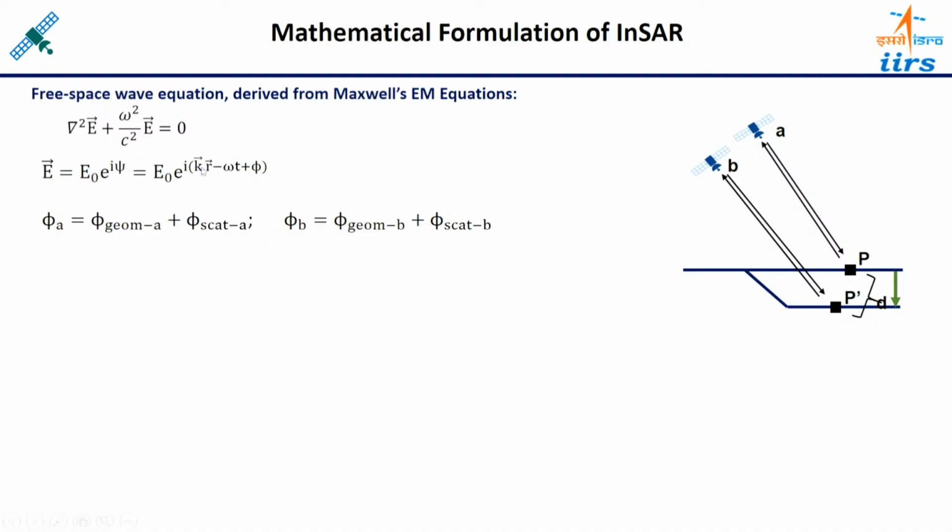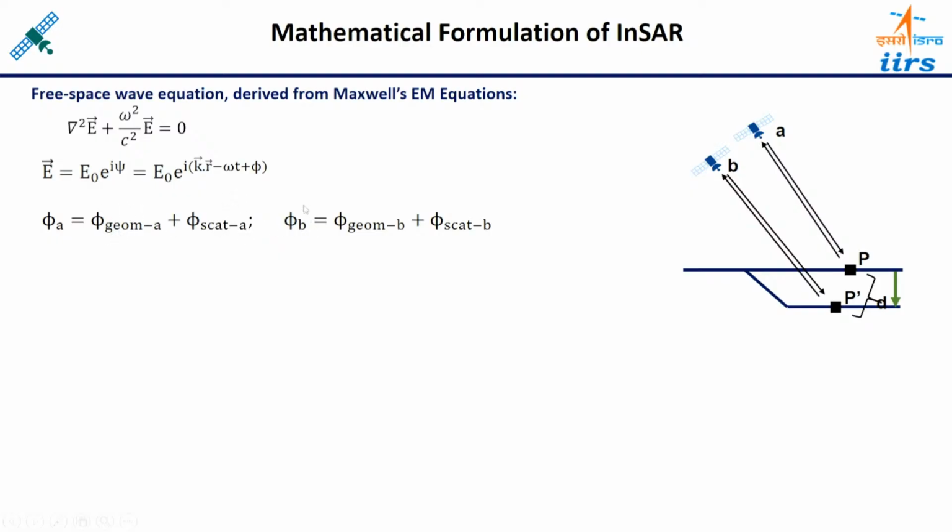Phi is the scattering phase, k dot r is the geometric phase. So in other terms we can write k dot r as phi geometric and phi as phi scattering. This geometric phase plus scattering phase we are writing for both the signals. Let us say phi a, or the phase of signal a, equals geometric phase of a plus scattering phase of a.